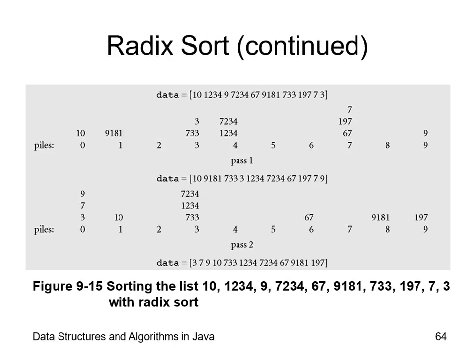7, 3, 3. This one goes to which queue? We are checking the second digit from last, which is the 0 in front. This one goes to Q0. 3.